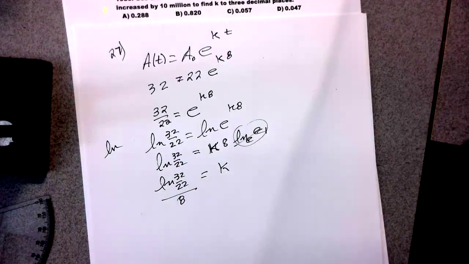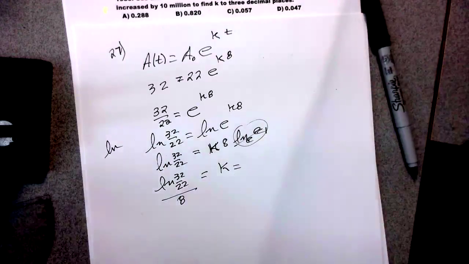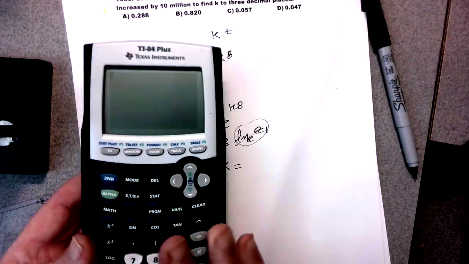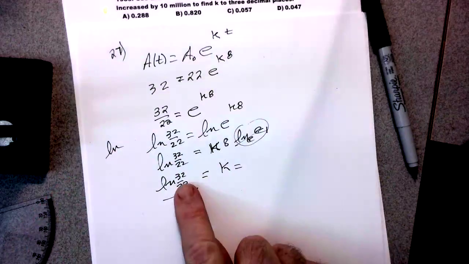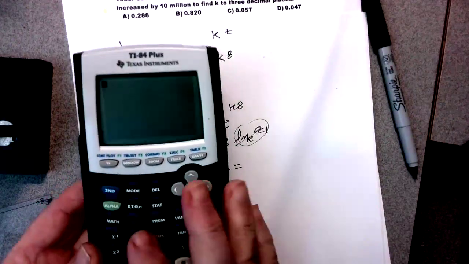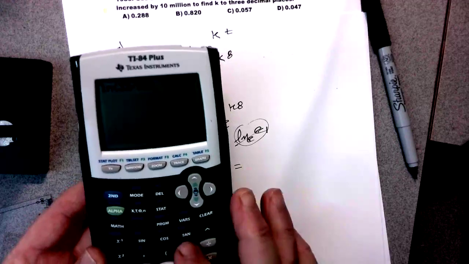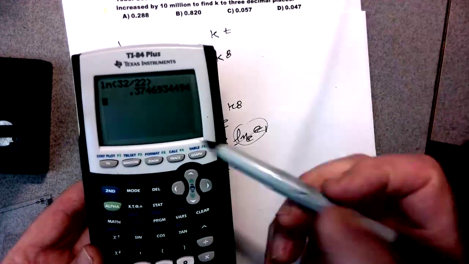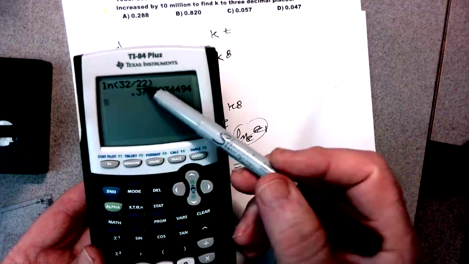Let's use our calculator, and we'll determine the value of k pretty quickly. So I'm going to put in the logarithm of 32 divided by 22, which is that value. This is the exponent that I would use to raise e to get that quantity.